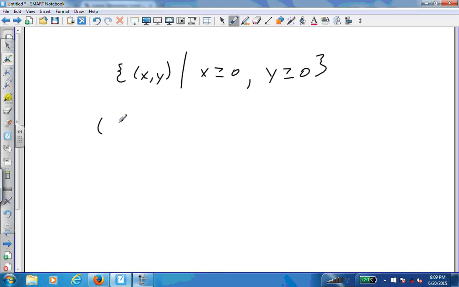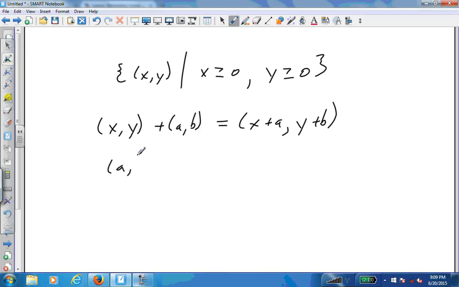Now, if we just think about adding two together, if we add two positive numbers together, we're going to get a positive number. If I add two more positives together, we should get a positive number. So we're okay with the first criteria. If we change the order, we're okay with that one.